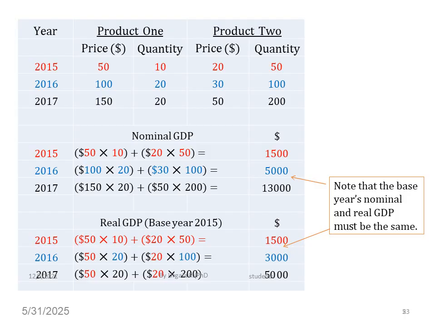In 2015, price is 15. In 2016, price is 100 for product 1. In 2015, price is 20. In 2016, price is 30 for product 2. Because of this, the values of nominal GDP and real GDP are different.